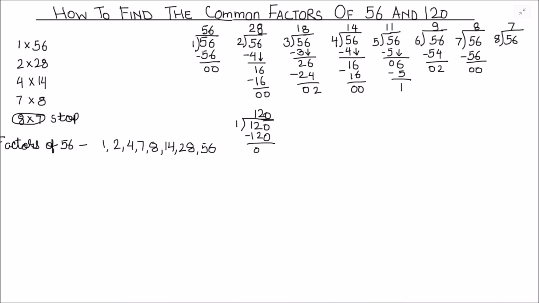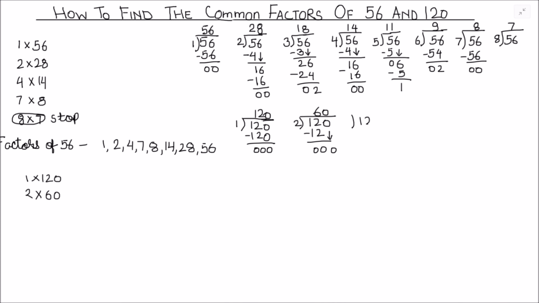And we got two factors as 1 times 120. Next we'll divide 120 by 2. So 2 times 6 is 12 and 2 times 0 is 0. So we got two factors as 2 times 60.